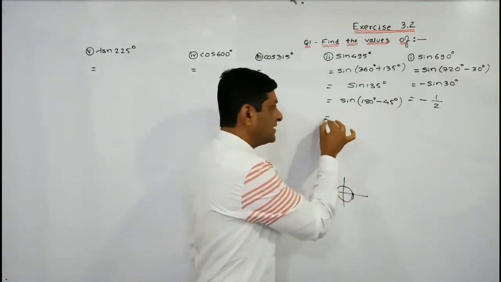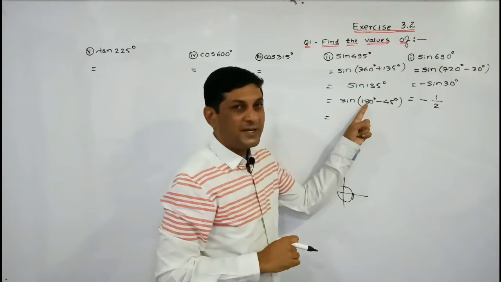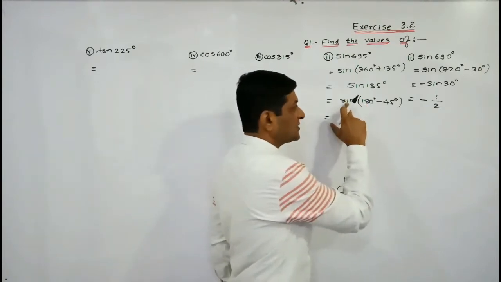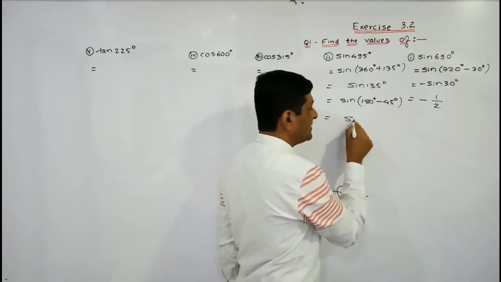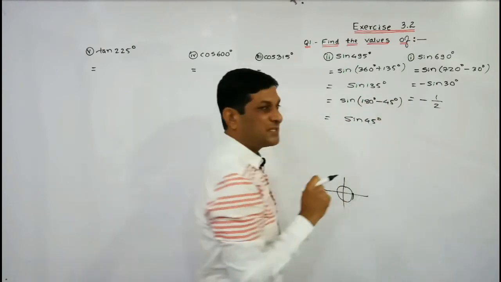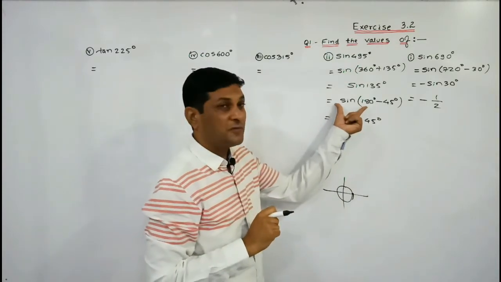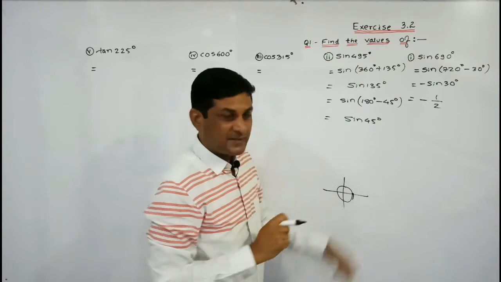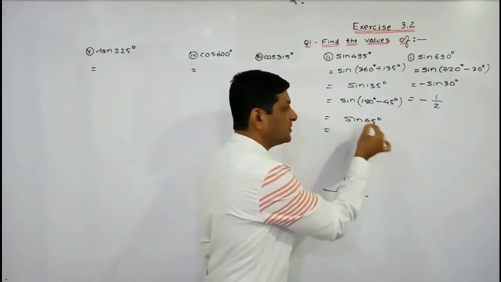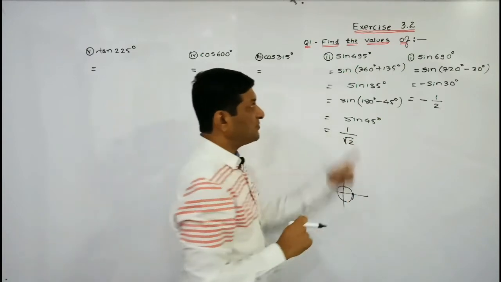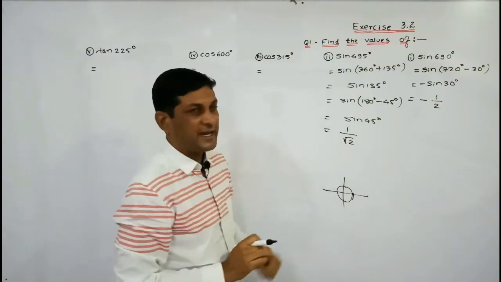Now here the first term is what? 180 means pi. If the first term is pi, the value of the trigonometric function does not change. What result are we getting? Sine theta. Theta is what? 45. Now 180 minus means second quadrant, and in the second quadrant the value of sine is positive. So here we are getting plus, which is equal to, and we know that sine 45 equals 1 by root 2. In this way we have got the value of sine 495.